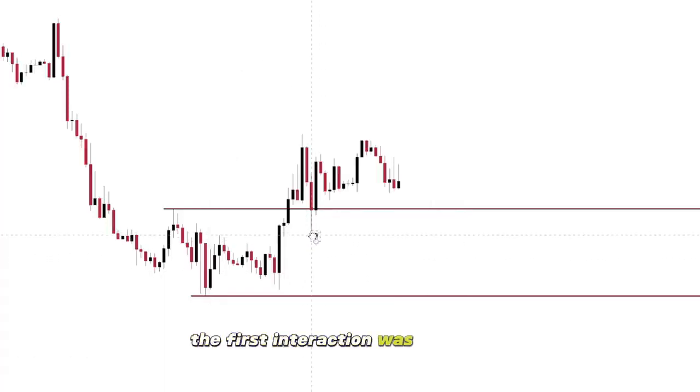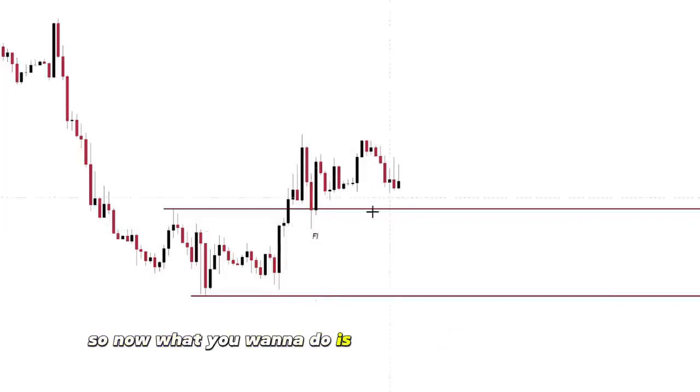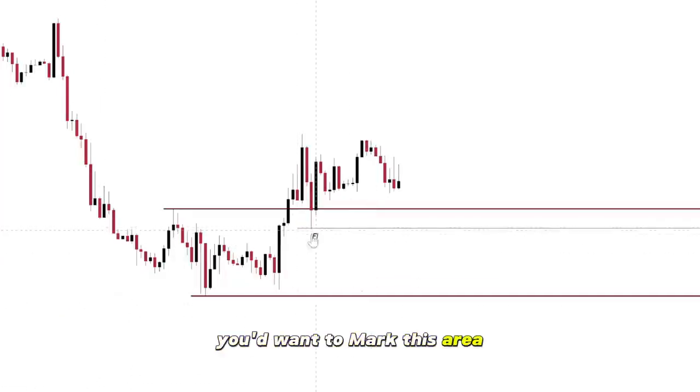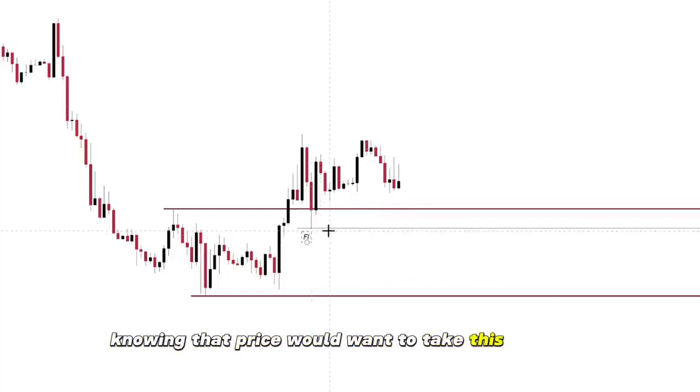The first interaction was right here. This is where price came and tested this area. So now what you want to do is mark this area, knowing that price would want to take this level out.